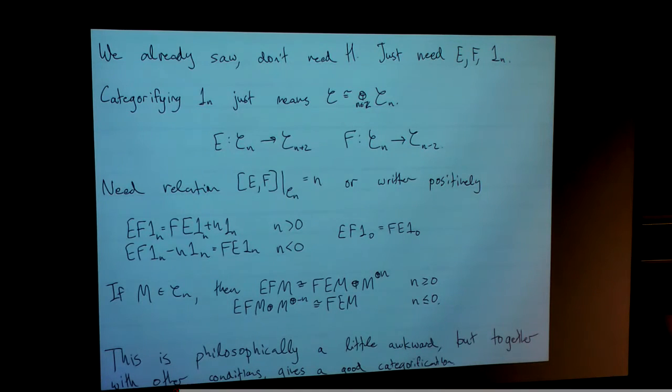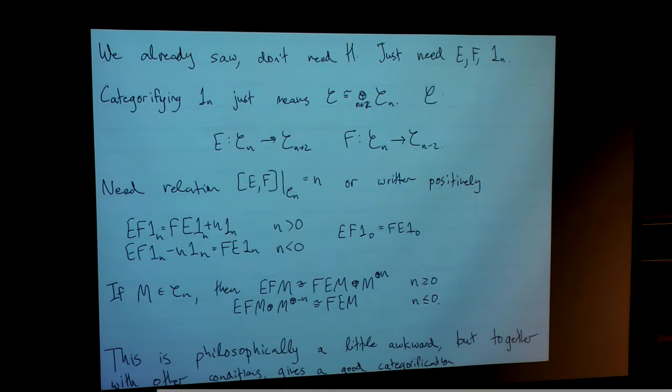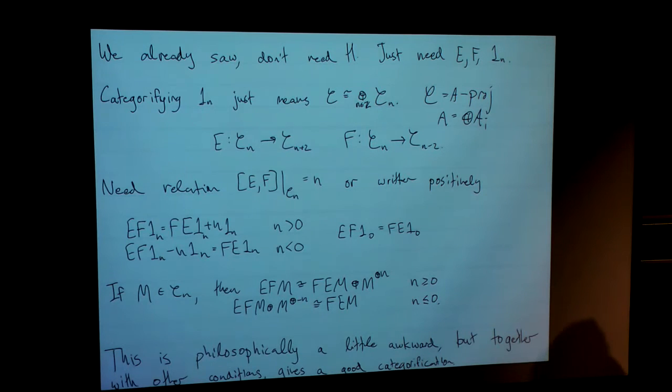One way to think about this is, if C is the projective modules over an algebra, then I can write that algebra as a direct sum of algebras, with my C_n being algebras.